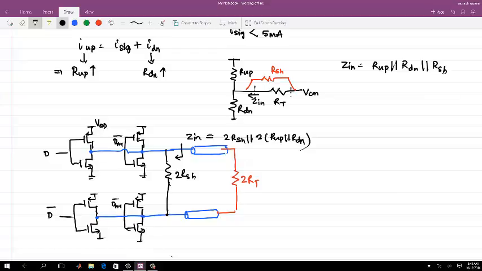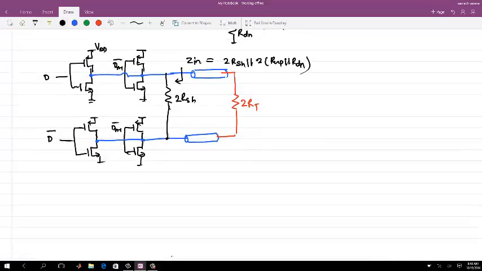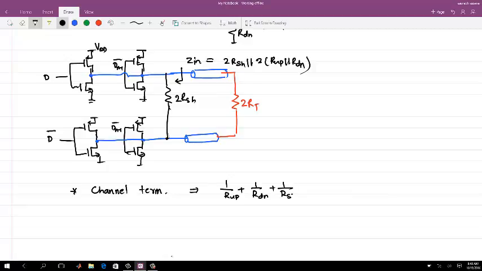current supply ripples, right? So since I have more freedom now with RSH, let's see what my goals are. I want channel termination, which implies that 1 by R up plus 1 by R down plus 1 by RSH should be equal to 1 by RT.